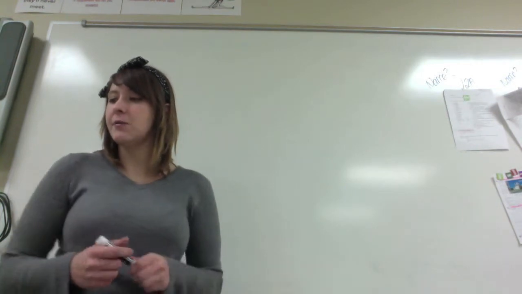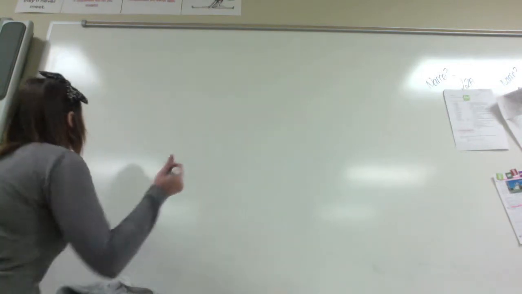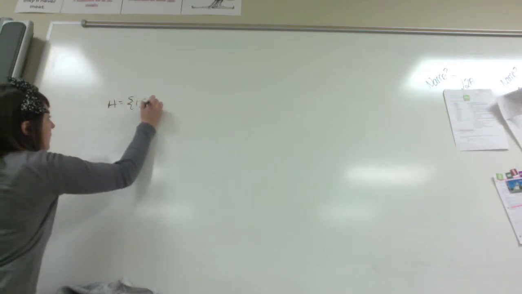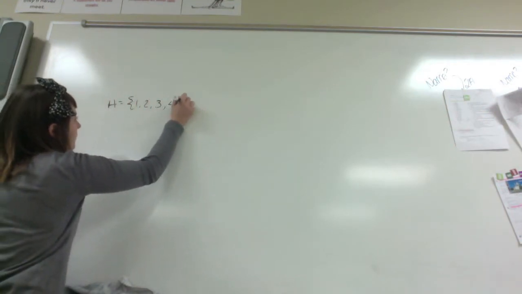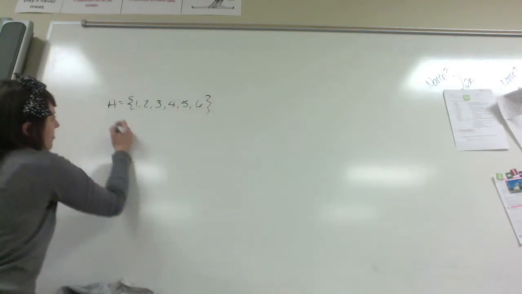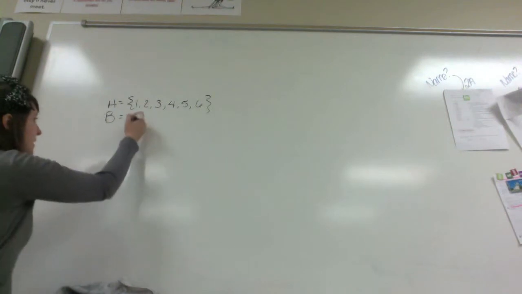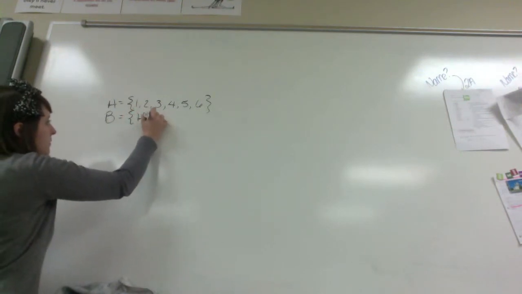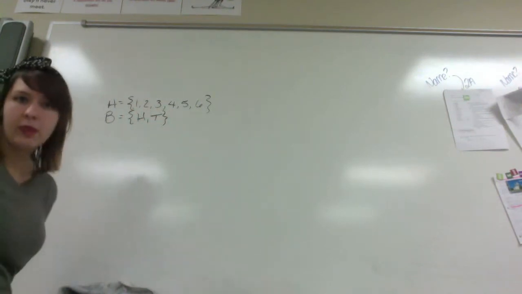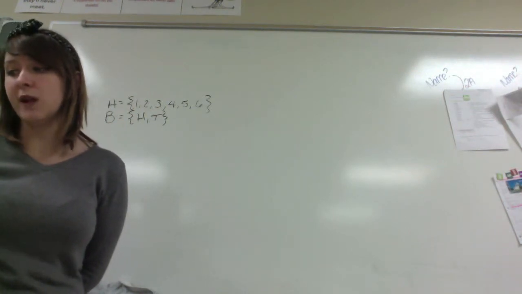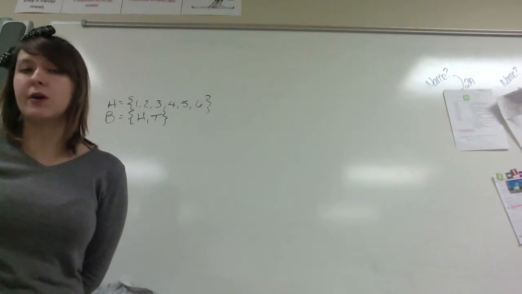So let A equal 1, 2, 3, 4, 5, 6. And let B equal H and T, so heads and tails. Okay? In how many different ways can I choose one element from A and one element from B?